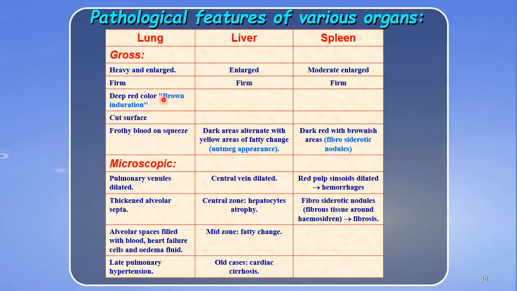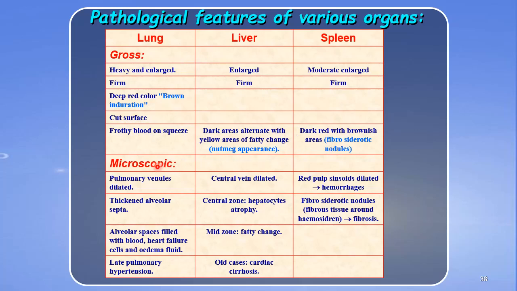As regards the lung, there is a cut surface with frothy blood on squeeze. And don't forget the nutmeg appearance of the cut surface of the liver in chronic venous congestion, due to dark areas alternating with yellow areas of fatty change. Also, don't forget the fibrosiderotic nodules on the cut surface of the spleen.